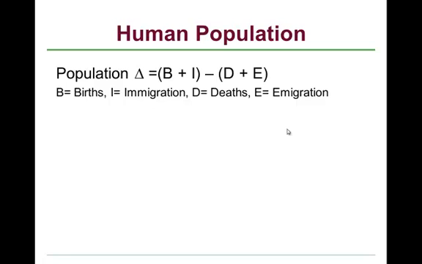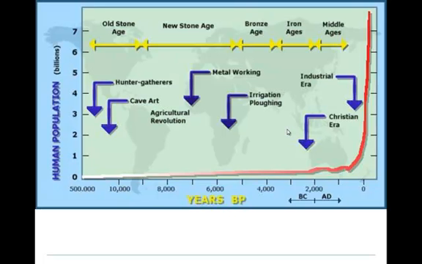Now, another thing that I'd like you to take into account is that the current situation is unprecedented. It's not the same as it ever was. It's different. We've never had this many people on the planet. This graph shows years before the present on the horizontal axis, and it shows human population on the vertical axis.